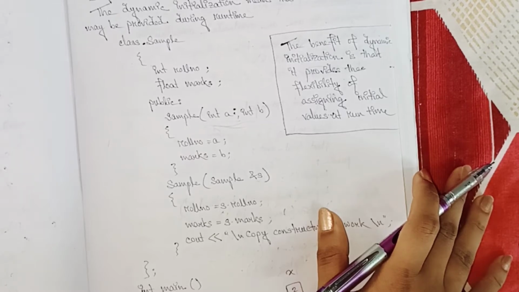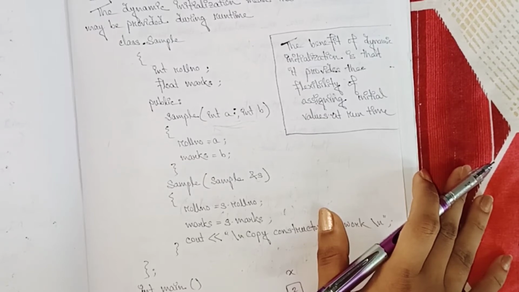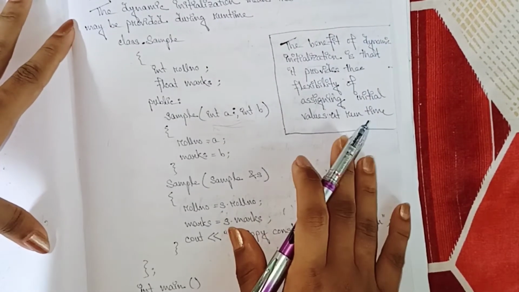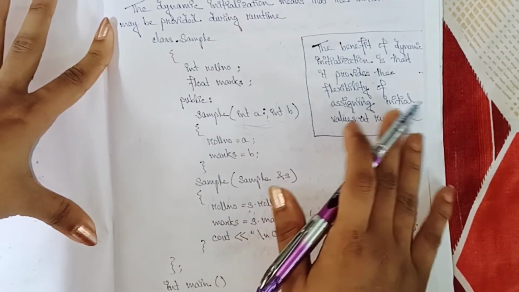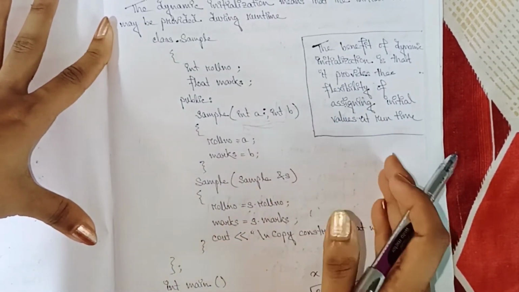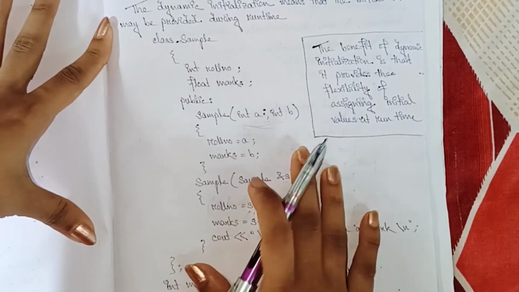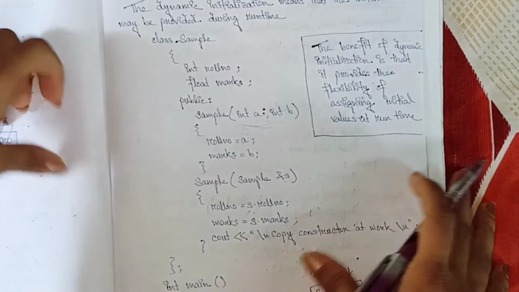It is very flexible when we assign initial values to particular variables or objects using dynamic initialization. In static initialization, only one value can be assigned. But in dynamic initialization, every time we run our program, we can change the value and see what output that particular value gives us.